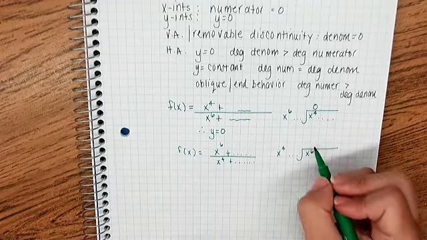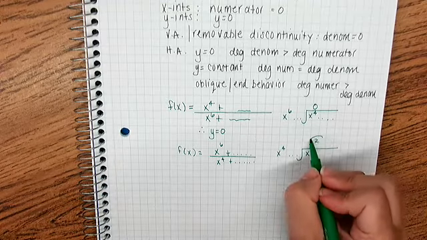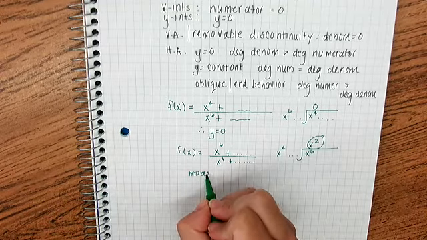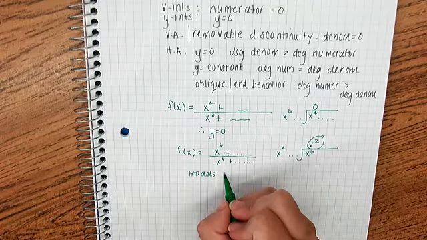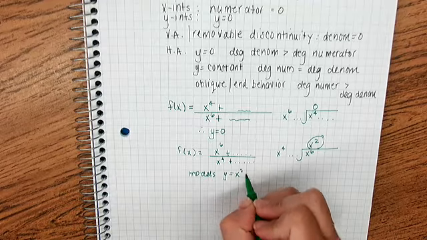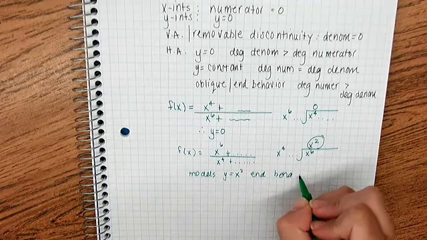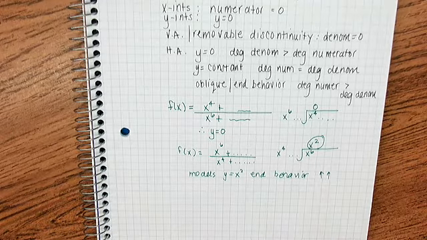Well, it goes in x squared times. So this models, instead of y equals 0, it models y equals x squared end behavior. So this we would say would be up, up.